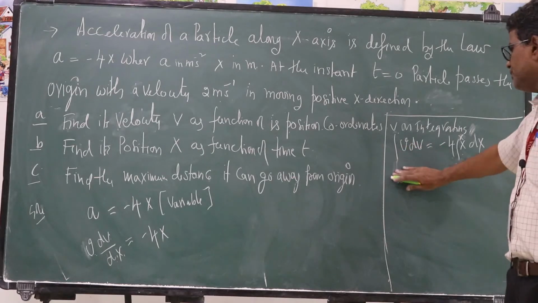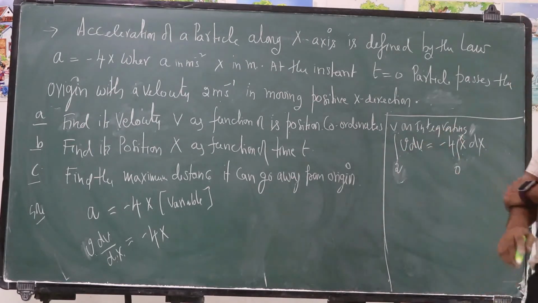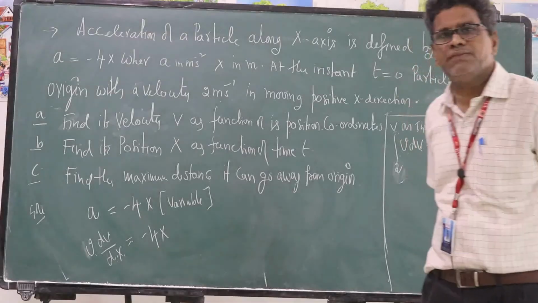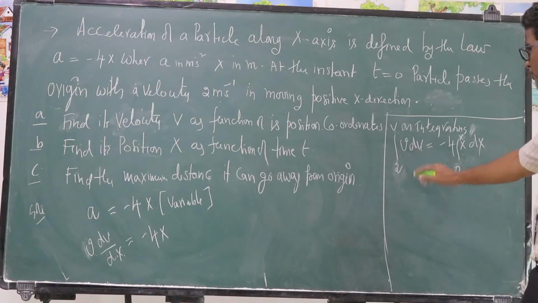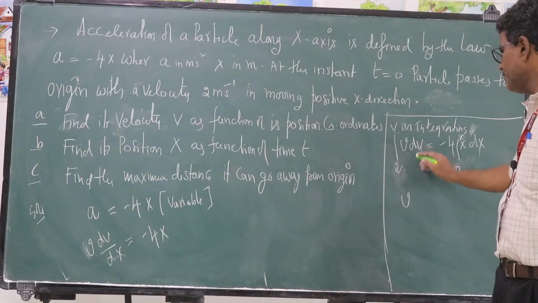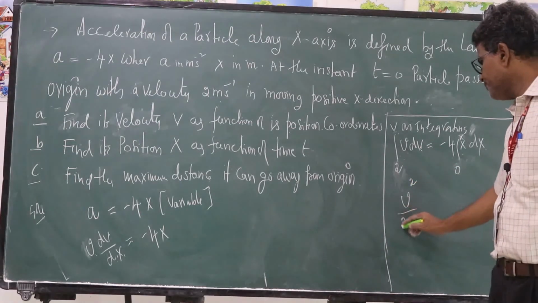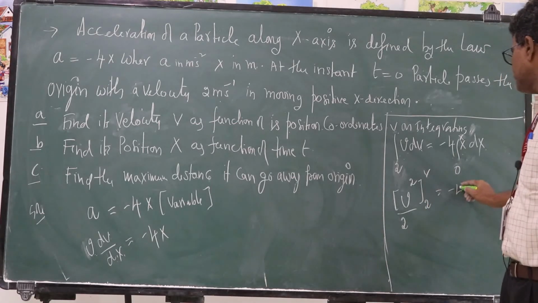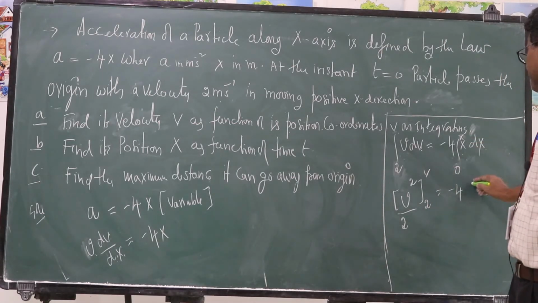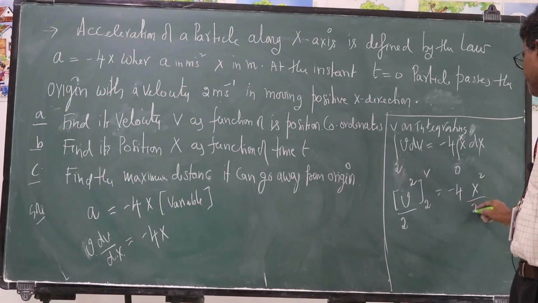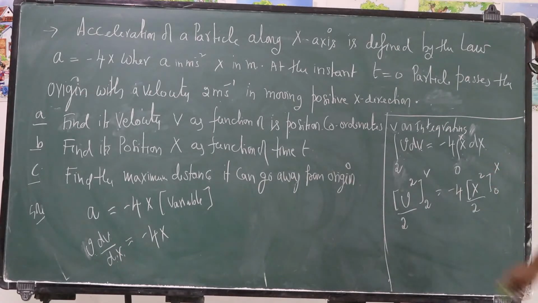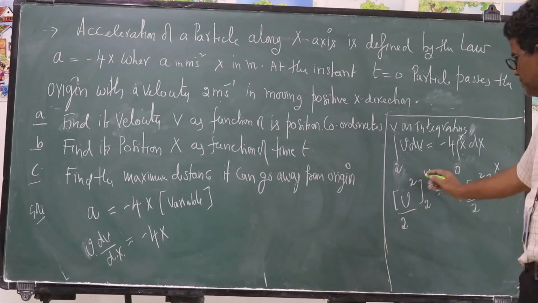Using the formula for the integral of x to the power n, x to the power n plus 1 by n plus 1, we get v square by 2 with limits 2 to v, equal to minus 4 times x square by 2 with limits 0 to x.